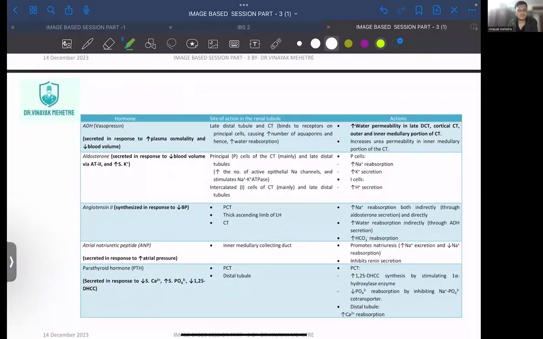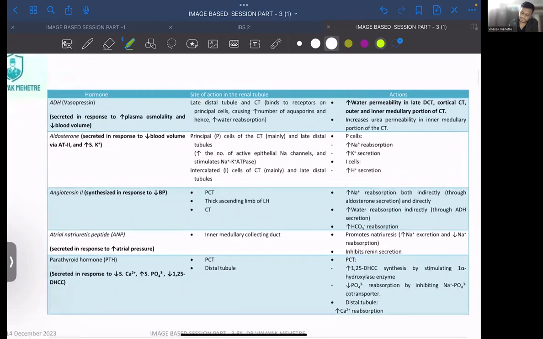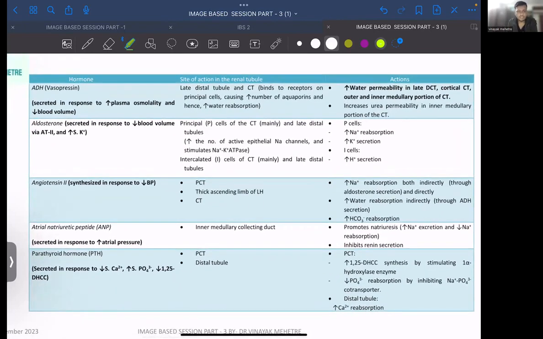Then comes hormones. What do you need to remember in hormones? What do you think? Anyone? The table is in front of you. This is the table which you see in physiology. ADH: why do we need vasopressin?